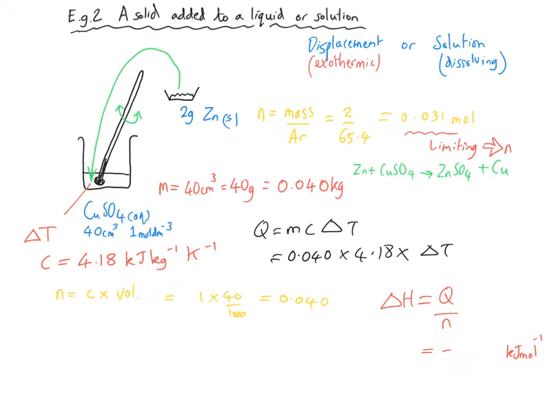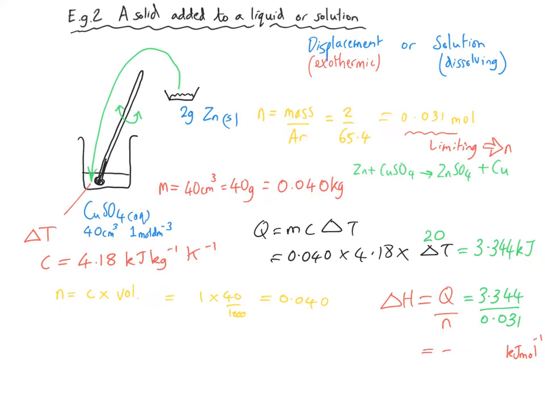And just so we've got a number to work through, let's suppose the temperature change was 20 Kelvin. That will give us a heat energy change of 3.344 kilojoules. And this is our Q, which we would then bring down to the bottom here. And we would divide it by our limiting moles, which was the zinc, which was 0.031.